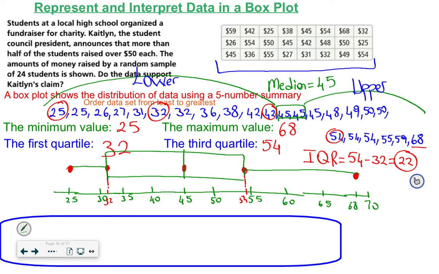Kathleen claims that each student raised $50. So to be able to understand whether each student raised $50, you need to get the median. When you look at the median over here, the median is 45, which means that approximately, on average, each student raised $45, not $50.